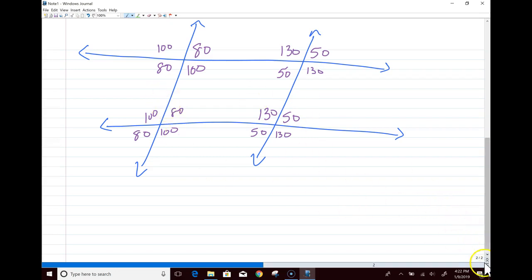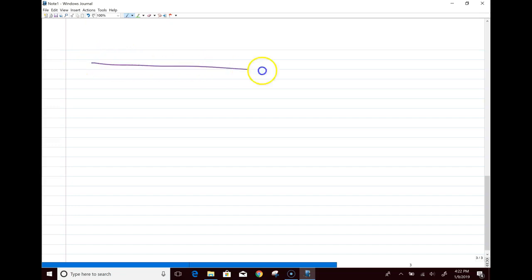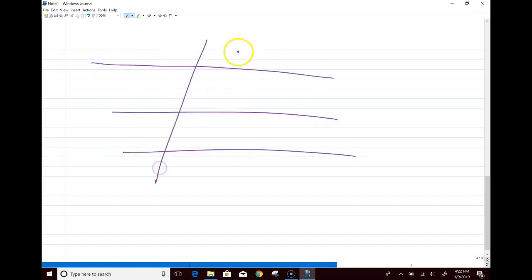And then you can keep on going further and further. You can have 3 parallel lines, and you can have 3 lines going this way. And it's the same thing.